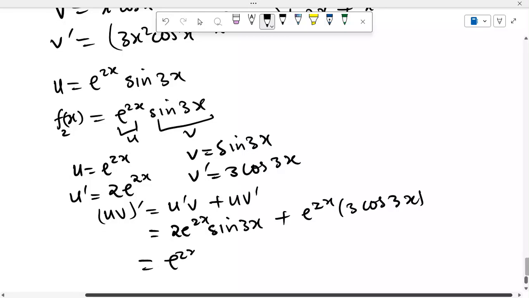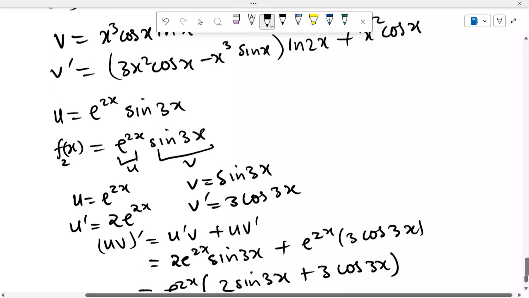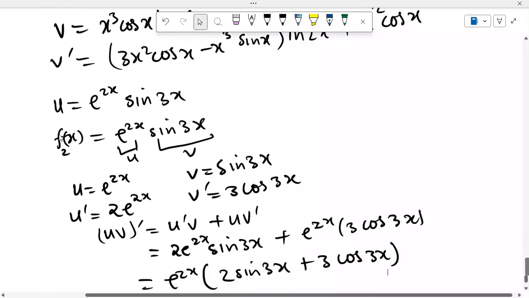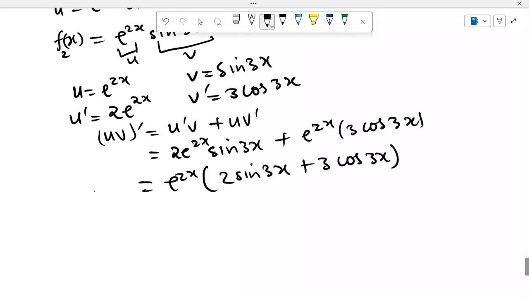So e to the power 2x, 2 sine 3x plus 3 cos 3x. Mind you, what is this? This is our u prime. Okay, so this is our u prime.